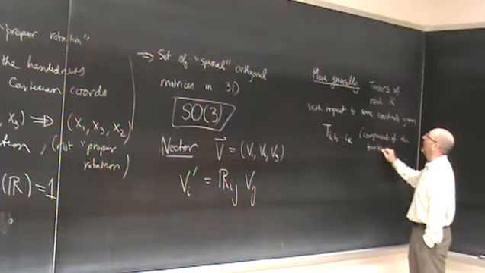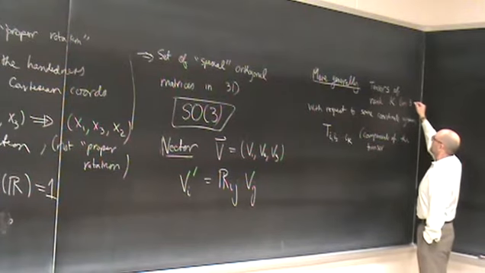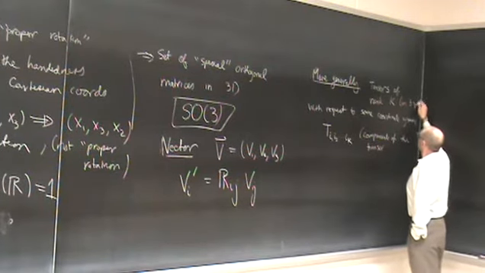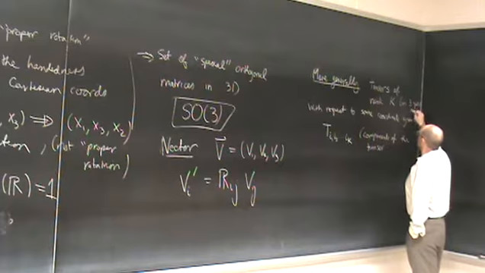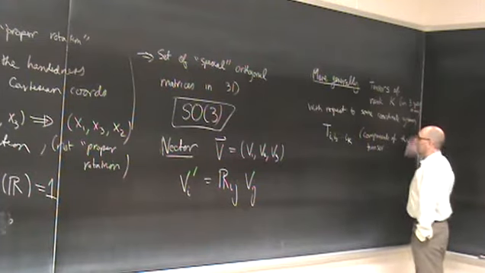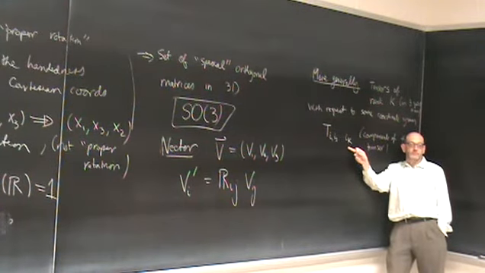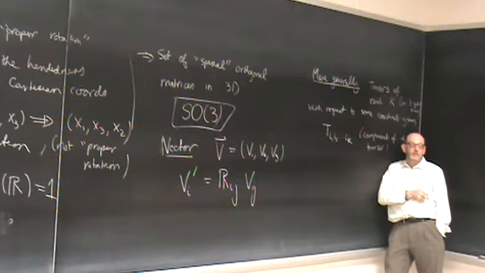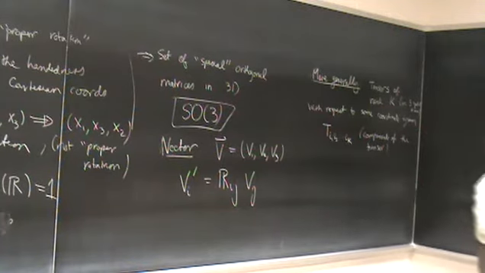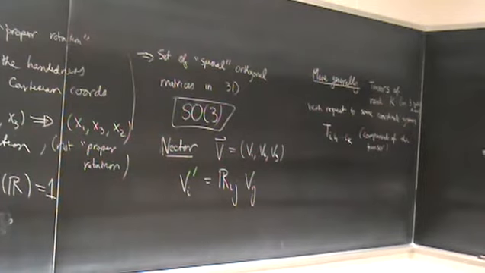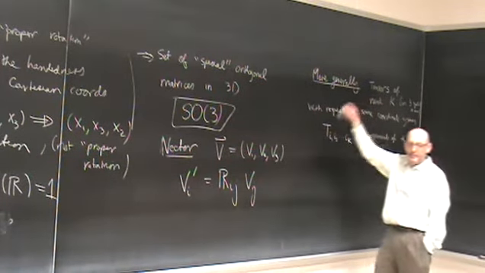And if we're talking about 3 spatial dimensions, how many components are there? Three to the K, right? Because each one has 3 indices, and then you have K of them.